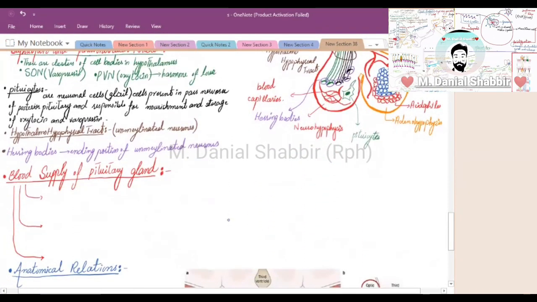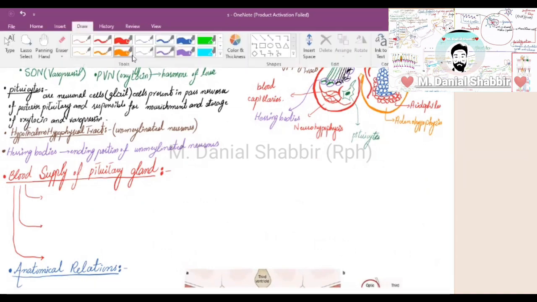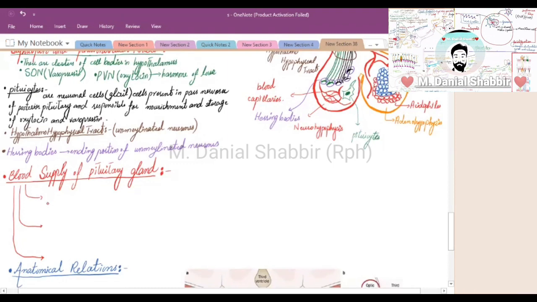Now come to the blood supply of the pituitary gland. The pituitary gland is supplied by the superior and inferior hypophyseal arteries, and these arteries originate from the carotid artery.